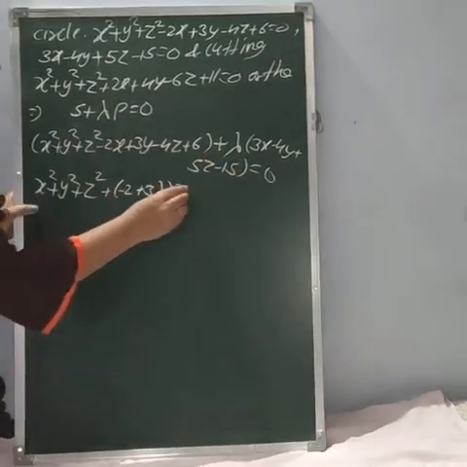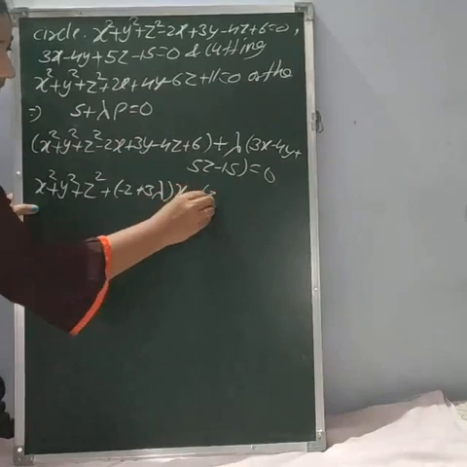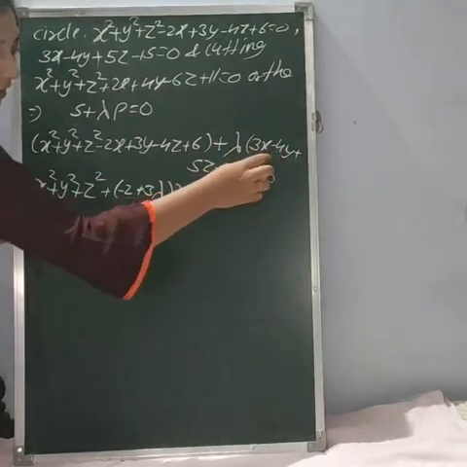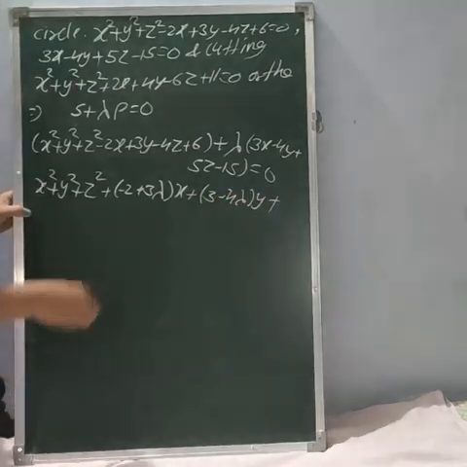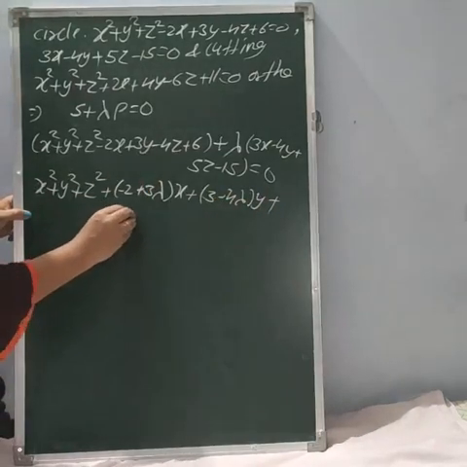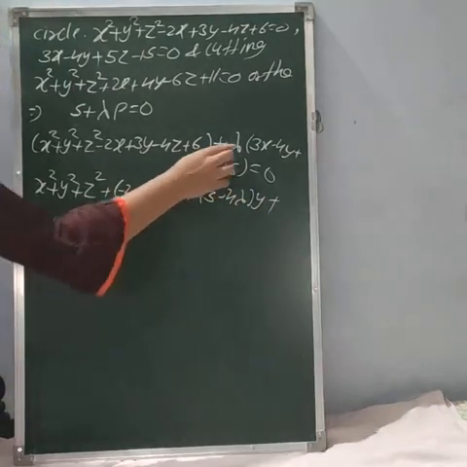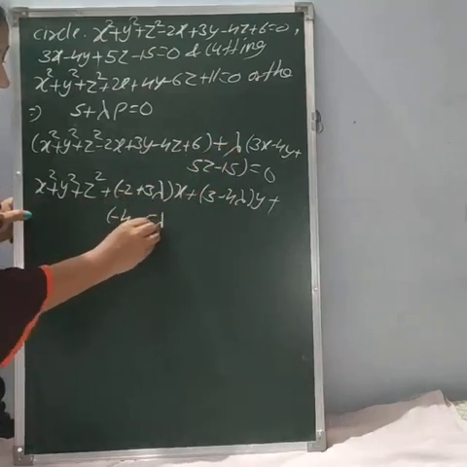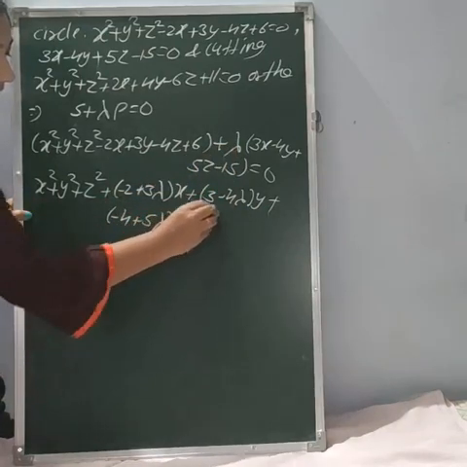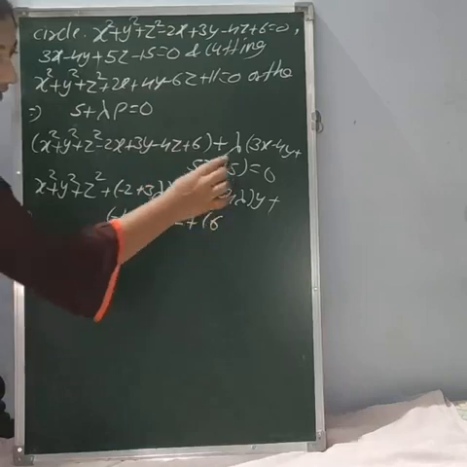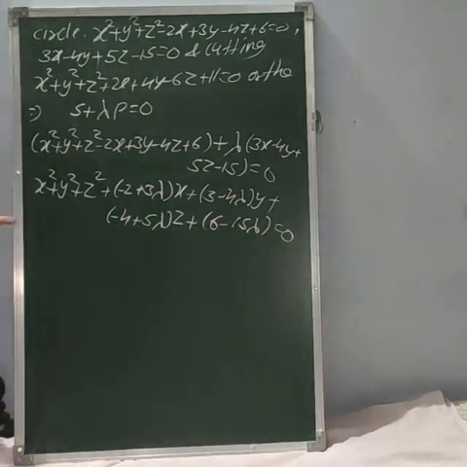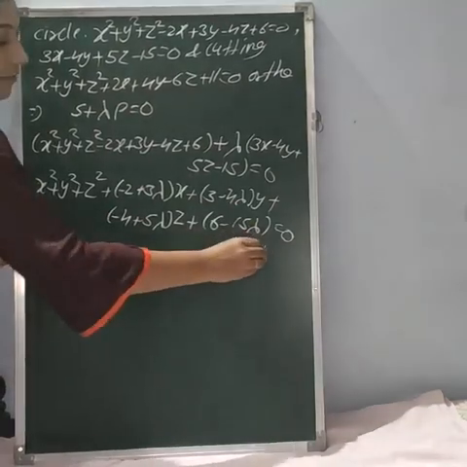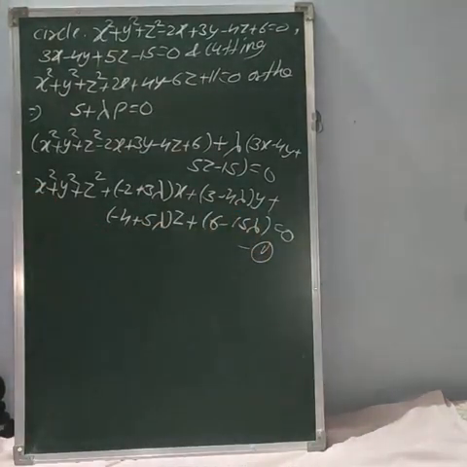Next the y term: here we have 3, and multiplying lambda with minus 4 gives minus 4 lambda into y. Next the z term: here minus 4 and here plus 5 lambda into z. Finally the constant term: 6 minus 15 lambda, equal to 0. Now this is the standard equation of the sphere, the required equation of a sphere.